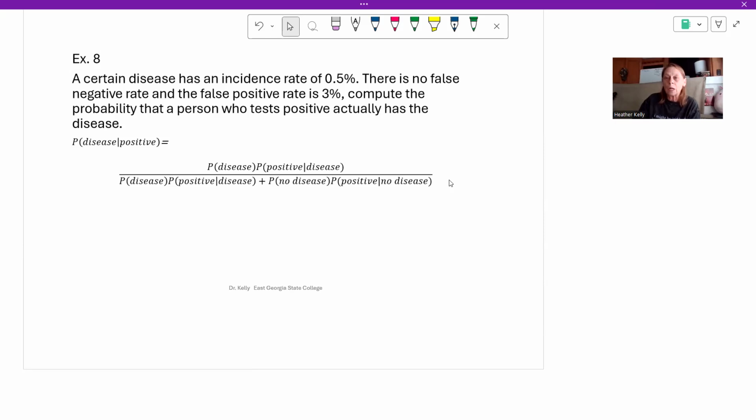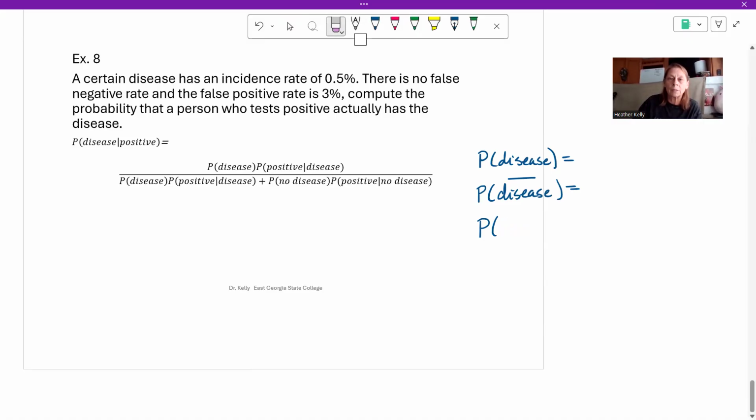Now, I'll tell you when I work these that this is usually what my paper looks like. I write P of disease, P of not disease, because these are all the things that I have to use. There's only 4 things I need in my formula. I need P of disease, or wait, sorry, wrong direction.